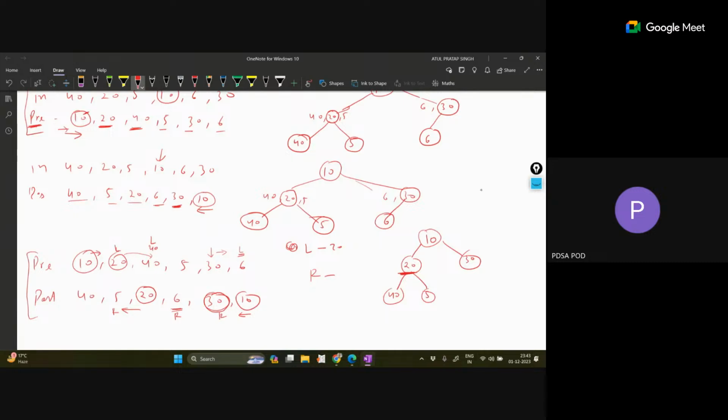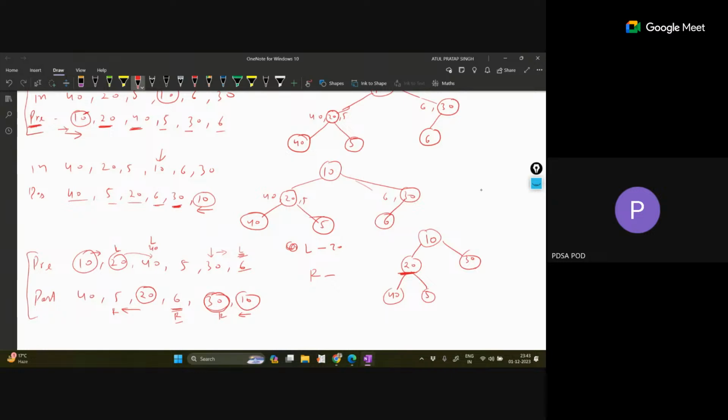So in this case, if L and R are both the same, we can connect either on the left side or on the right side. Both are correct. So this may create a different structure here. So based on this information, we are getting L equal to 6 and R equal to 6. If the values are not the same, we can easily create the left child and right child.